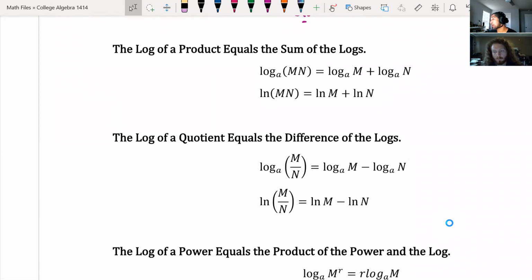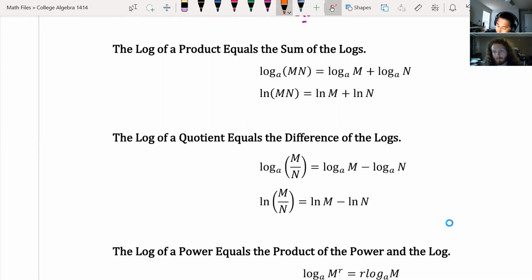Next are, I call these the three most important log properties because they will help you survive in Calculus 1 and most likely Calculus 2. So the first property is the product to sum rule.